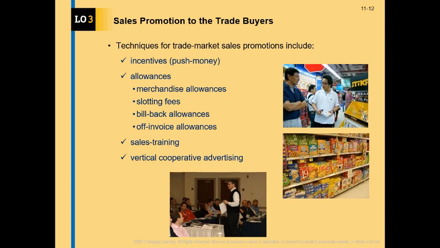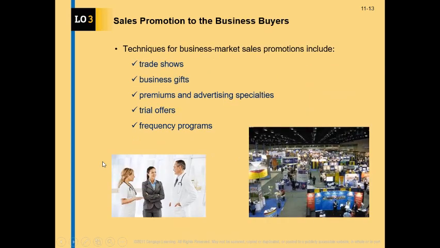etc. Maybe you provide sales training, but not money, not free product or discount, but maybe you will train the employees of that firm to use your technologies, to be better prepared to provide advice to customers. Maybe you will pay part of the advertisement that they make, the retail advertisement, the flyers, etc. You put part of the money, and that's called the cooperative advertisement.